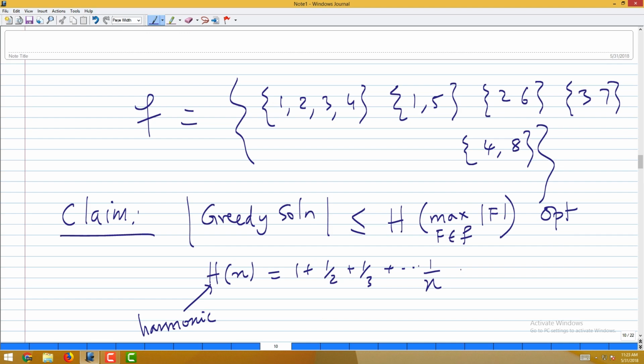And asymptotically, does anybody know how this function grows? Yeah, it is the natural log function. This is an interesting exercise, so let me just give this as an exercise.